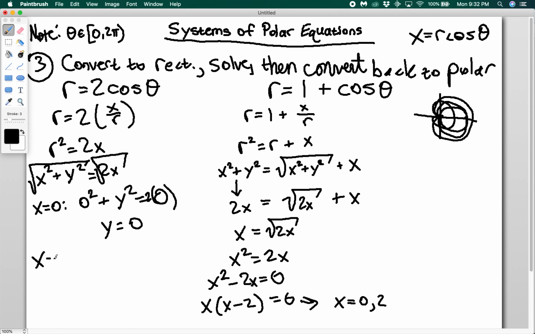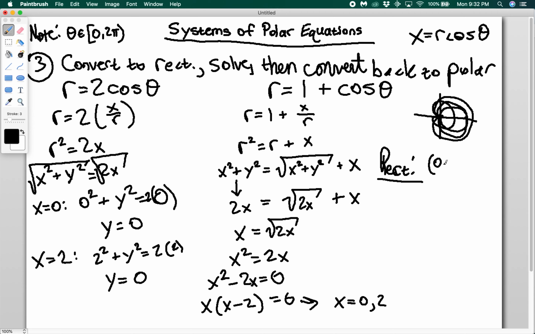If I have x equals 2, I get 2 squared plus y squared equals 2 times 2. So this is a 4, this is a 4. I get, again, y equals 0. Which means my solution set for rectangular is (0, 0) and (2, 0).